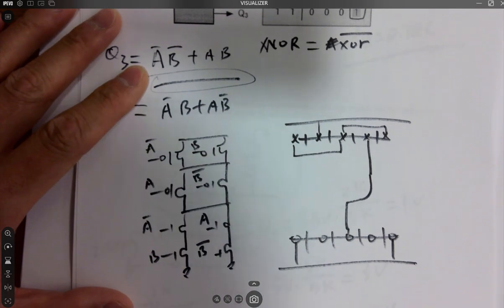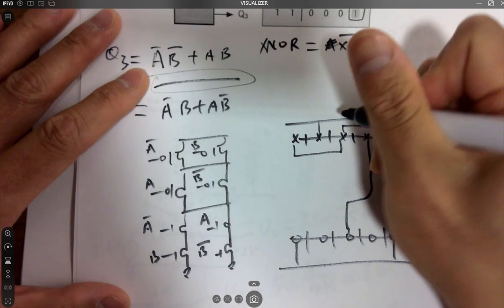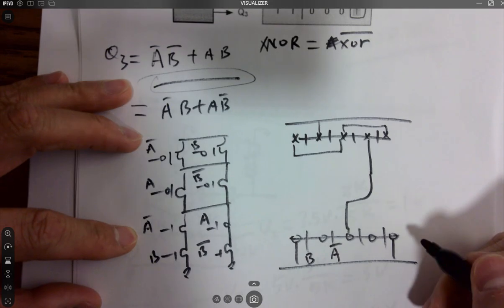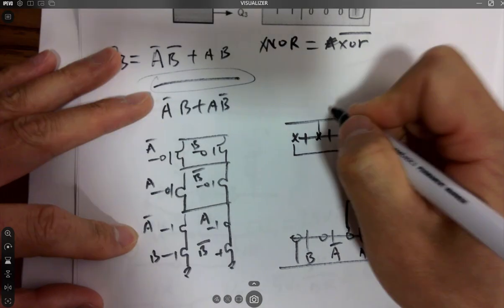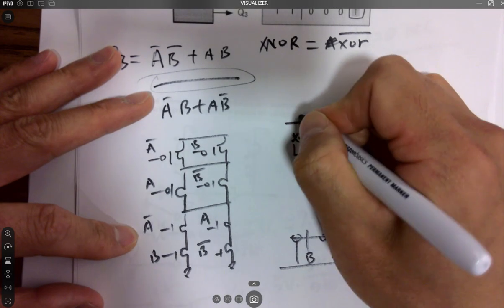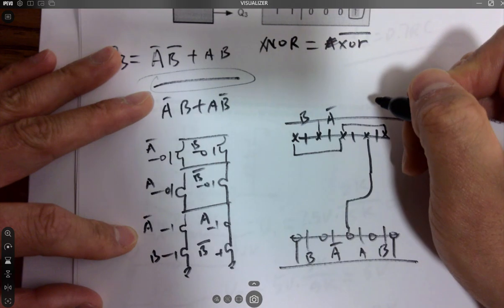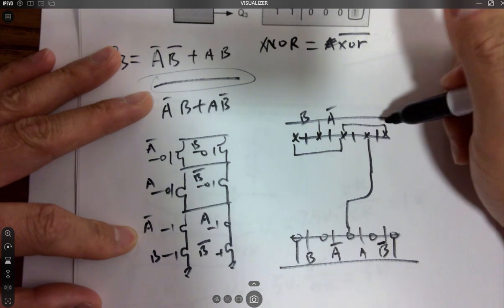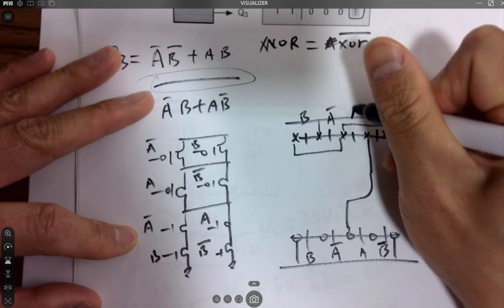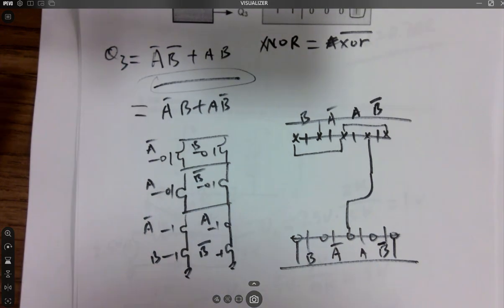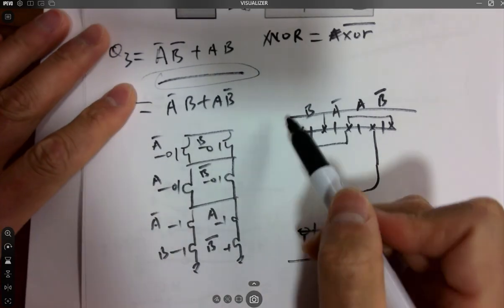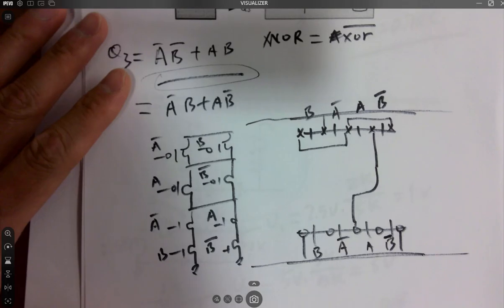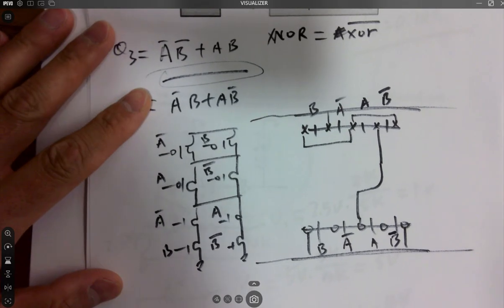A not B, because there's the order here, so I want to align it. This is AB. This is A not B. And A not B, AB not. And this will be AB not. Inverter, easy part. You need 2 inverters.